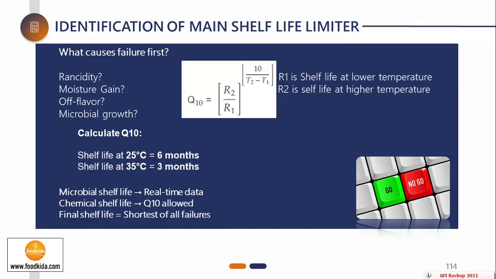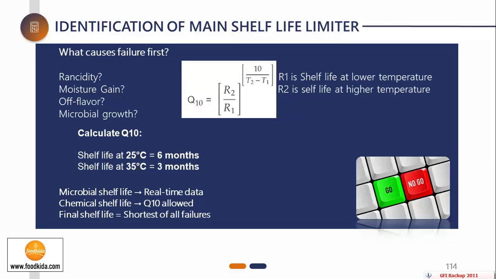Is my product getting off-flavor, or is it more prone to microbial growth, such as mayonnaise? Barabar? So we first identify that parameter and then you calculate the Q10.